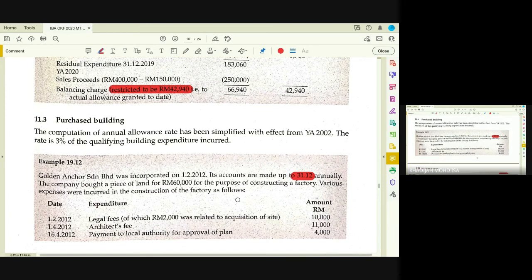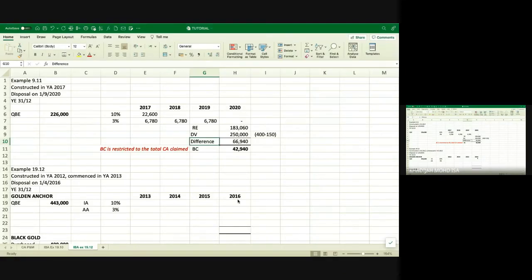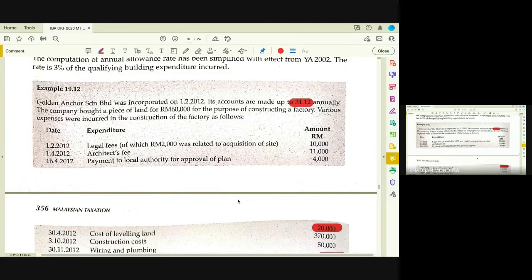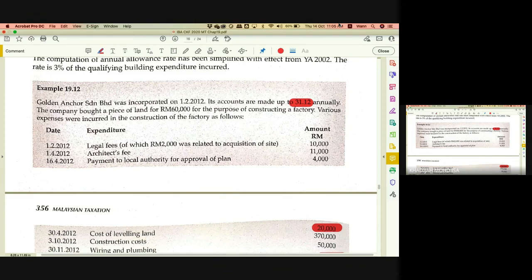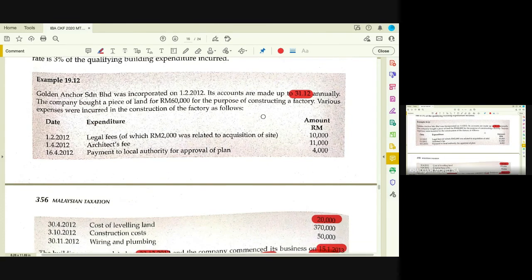Then we have the example on 19.12. Golden Anchors was incorporated on 1st February 2012. Accounts are made up to 31st December annually. The company bought a piece of land for 60,000 for the purpose of constructing a factory. Various expenses were incurred in the construction of the factory.